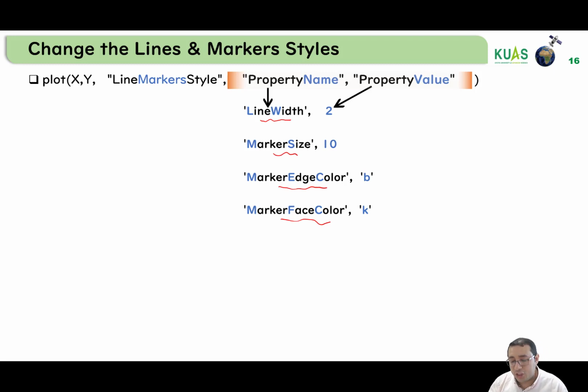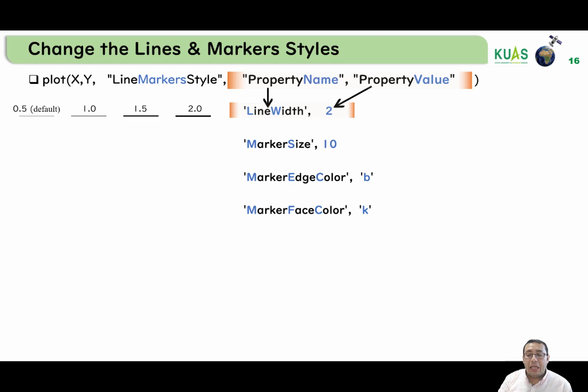And what does this mean? Let's check. For example, in the first case, the line width, the default line is 0.5, this is the thickness. But we can increase the width for the line. For example, if we write 1 or 1.5 or 2, we increase the thickness of the line.